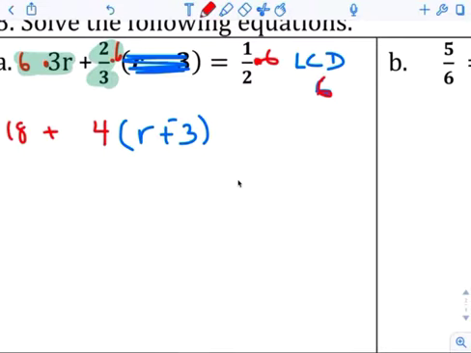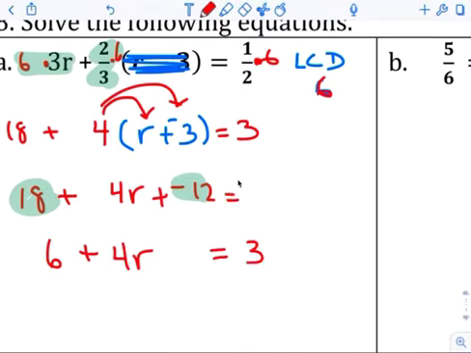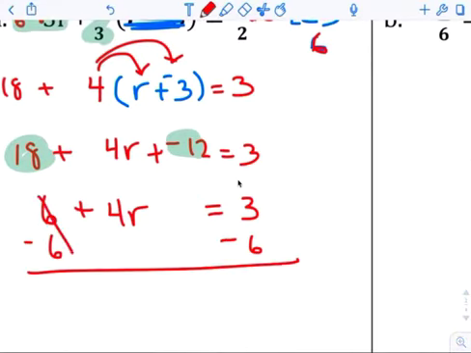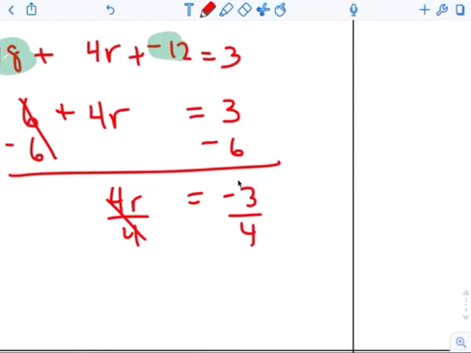This here, you should get 3. Distribute 4r plus negative 12, 18 plus 4r. Combine these because they both don't have variables. 6 plus 4r equals 3, minus 6 minus 6. 4r equals negative 3. Divide by 4. R equals negative 3 over 4.